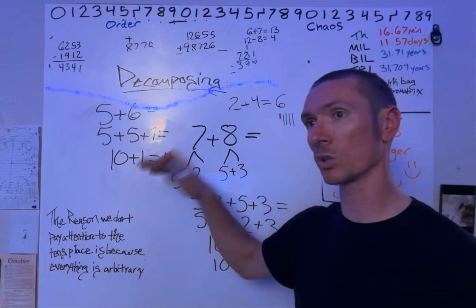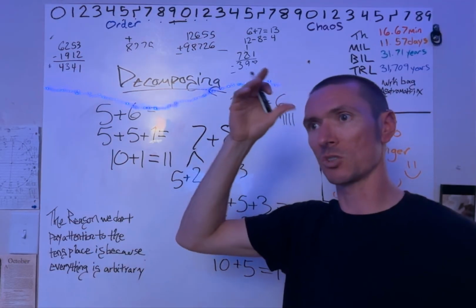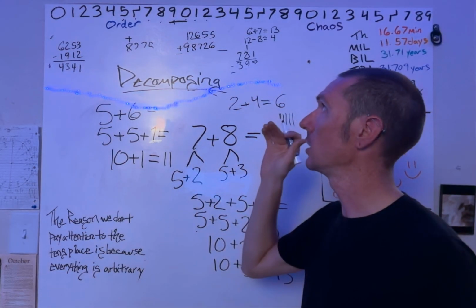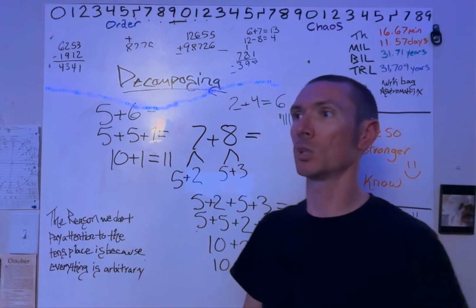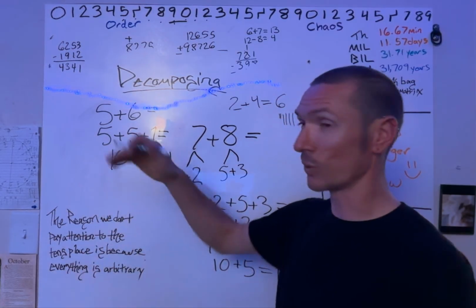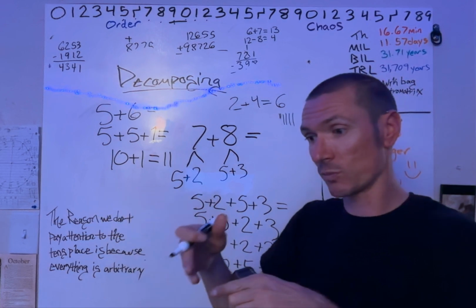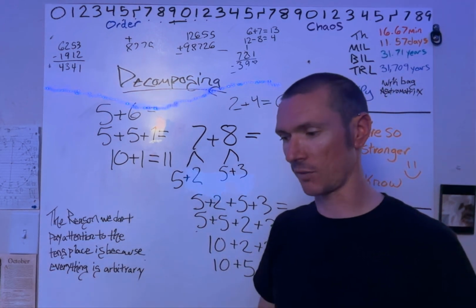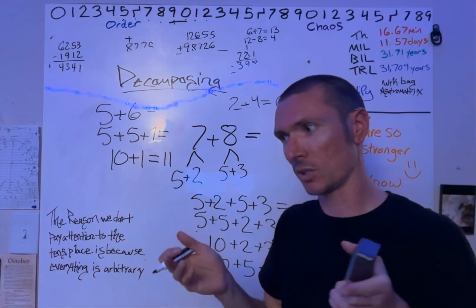So when you start working with decomposing numbers, it just makes addition and subtraction so easy, because let's say I have 12 minus 7, right? Okay, well, what's 12? We'll call it, you have 10 ones, and then you have 2. Okay? Well, what's 7? Well, 7 is 5 ones and then 2 ones.